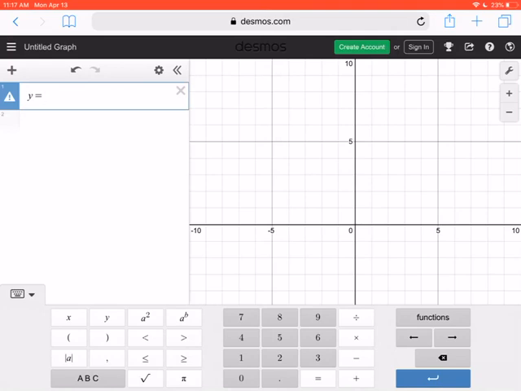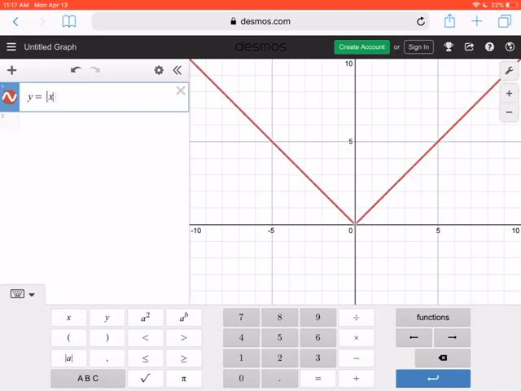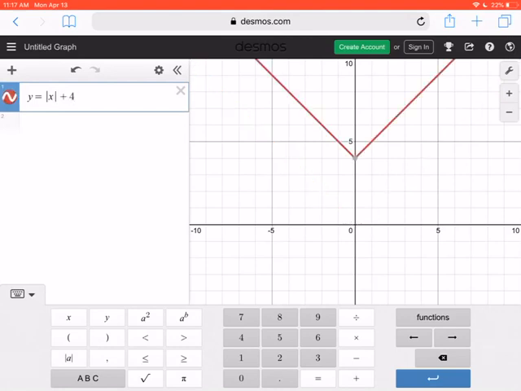On a graphing calculator, you might type in ABS, but they do have an absolute value symbol on Desmos. We're looking at the absolute value of x, and then we go outside the absolute value and add 4. There you can see that it is a V shape.